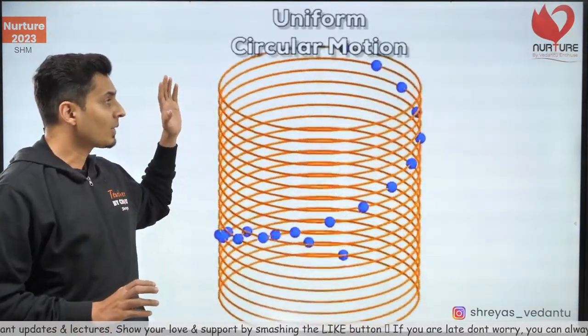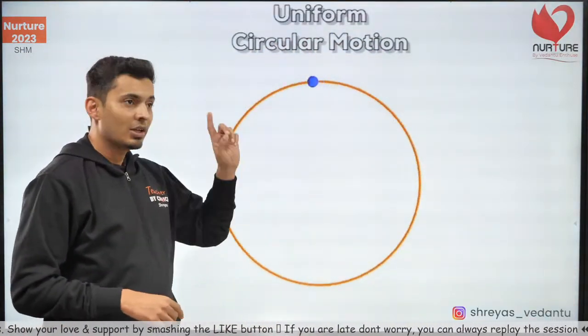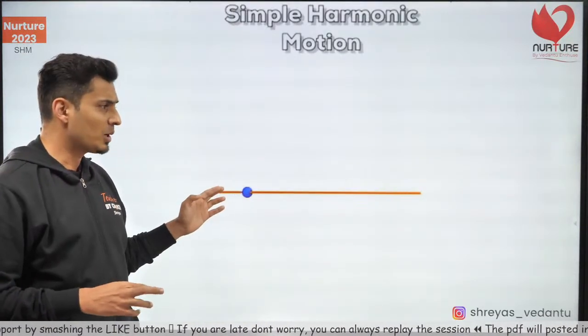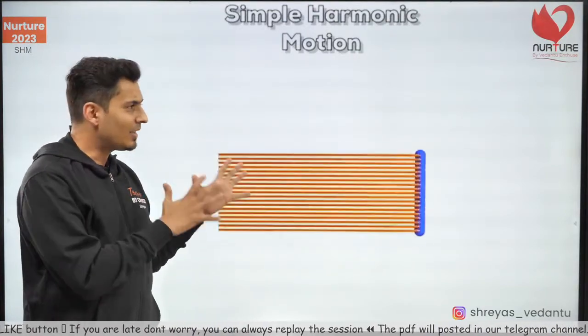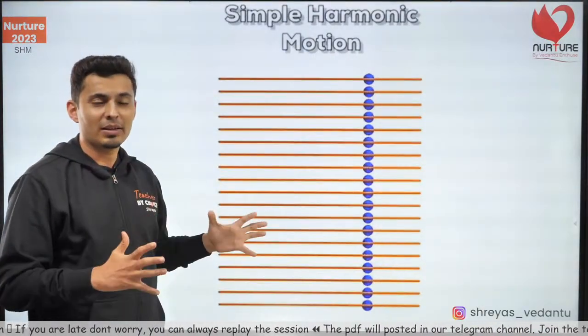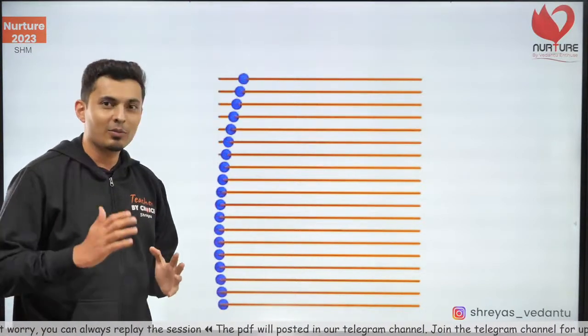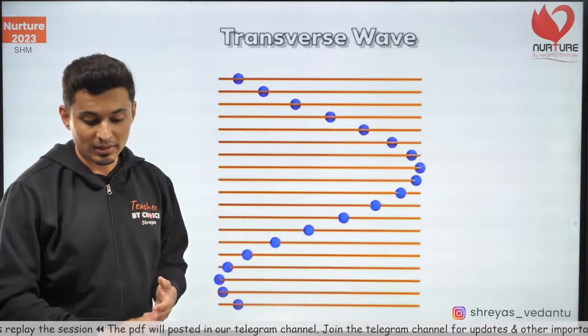You will see that the concept of circular motion is very much related to simple harmonic motion, and simple harmonic motion is related to phasors. When combined together, they are very much related to waves, which is also one of the chapters, not just in 11th but also in 12th.